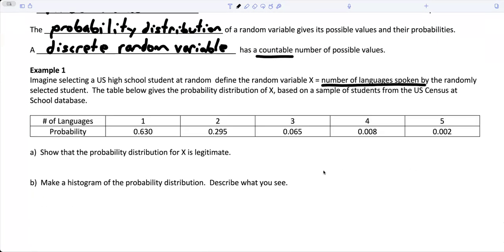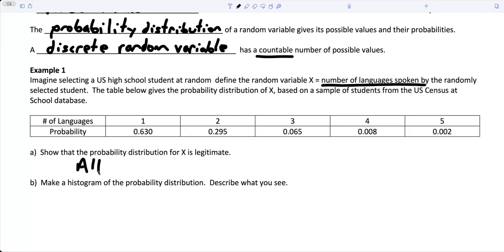And so part A says, show that the probability distribution for X is legitimate. Okay, how do we know it's legit? All the probabilities are between 0 and 1. And the sum of all of them should be 1 or close to 1 in this case, as it may be.